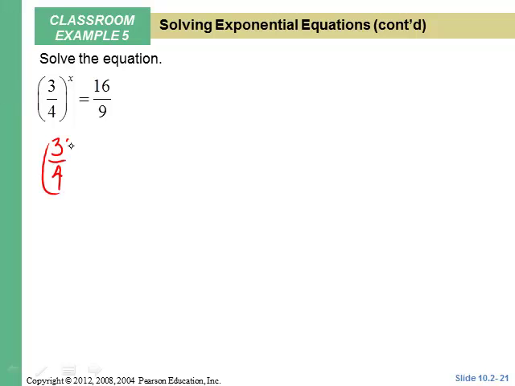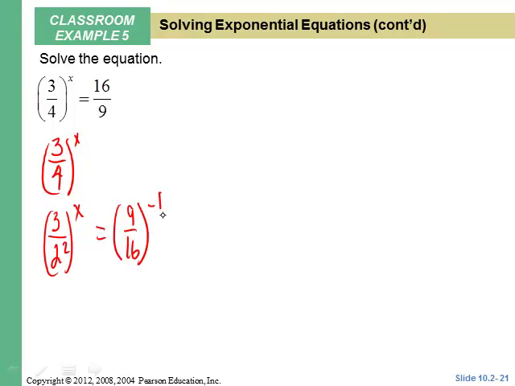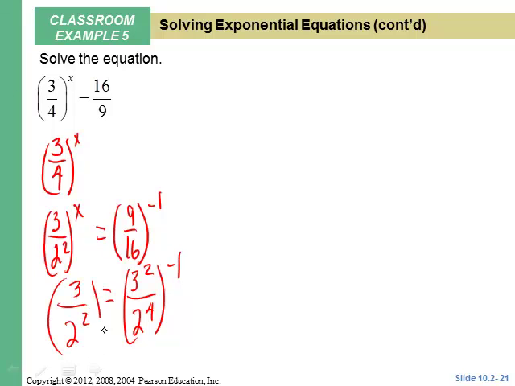Now, sometimes we have situations like this. 3/4 to the x is 3 over 2 squared to the x. That is 9/16 to the negative 1, which is 3 squared over 2 to the 4th to the negative 1. 3 over 2 squared to the x.